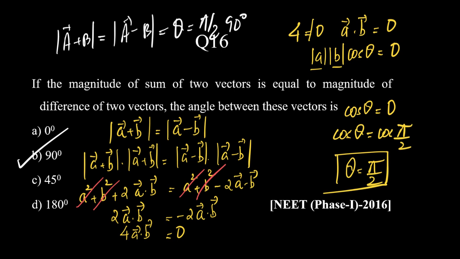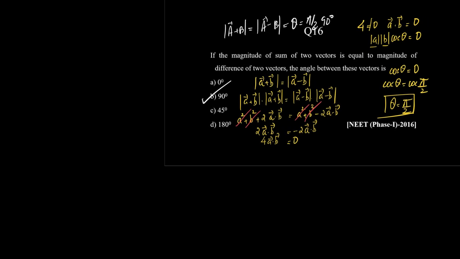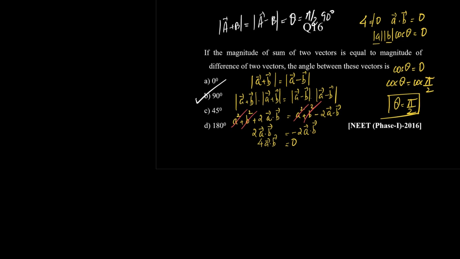Now, one common mistake that students make here, let me add a couple of points. What usually I get as feedback from the class: one common mistake is that students assume that the given question actually means this: vector a plus vector b is equal to vector a minus vector b.